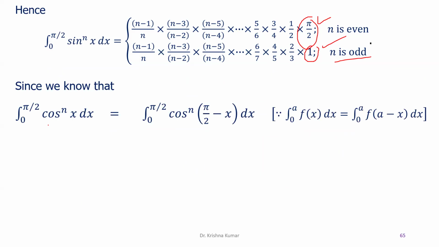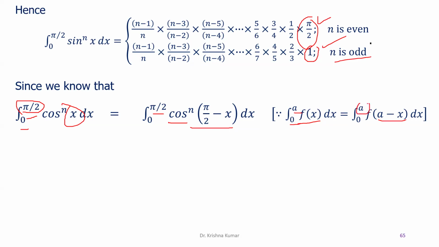Since we know that the integration of cos to the power nx dx under the limit 0 to pi by 2, since its upper limit is pi by 2, can be written as the integration under the limit 0 to pi by 2 of cos to the power n, where x is replaced by pi by 2 minus x, as we know the formula: integration of f of x under the limit 0 to a can be written as integration of f of a minus x under the limit 0 to a with respect to x.